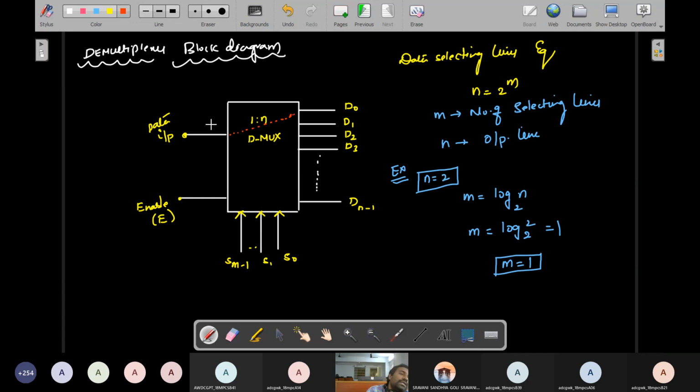Simply consider this data input as capital I for every case. So I represents data input.